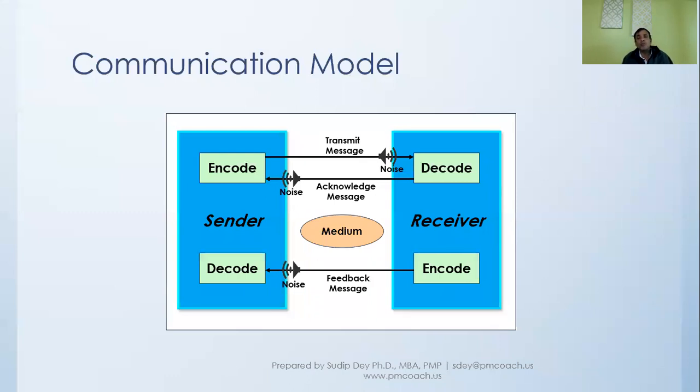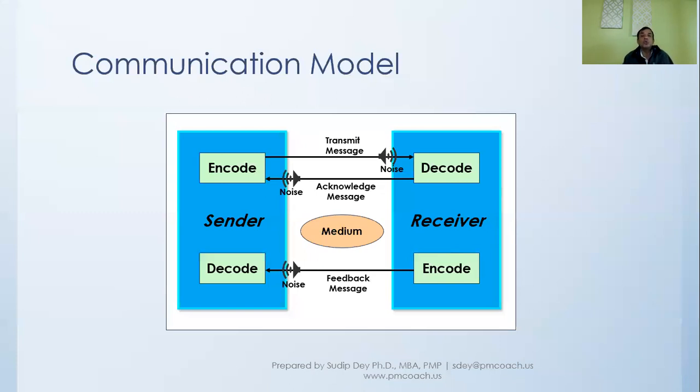So essentially what we are saying, if you take an example, let's say the sender, you as a project manager, you want to express something about the scope. So you have your thoughts about some details about the scope that you understand.